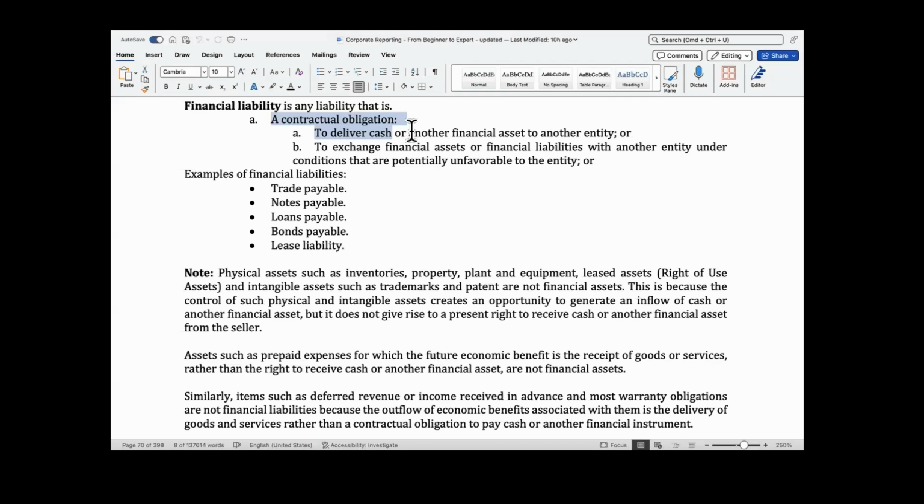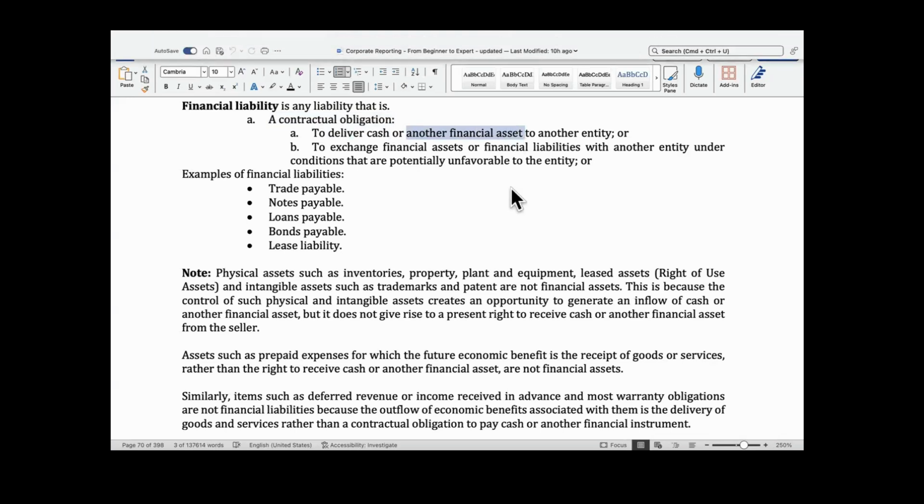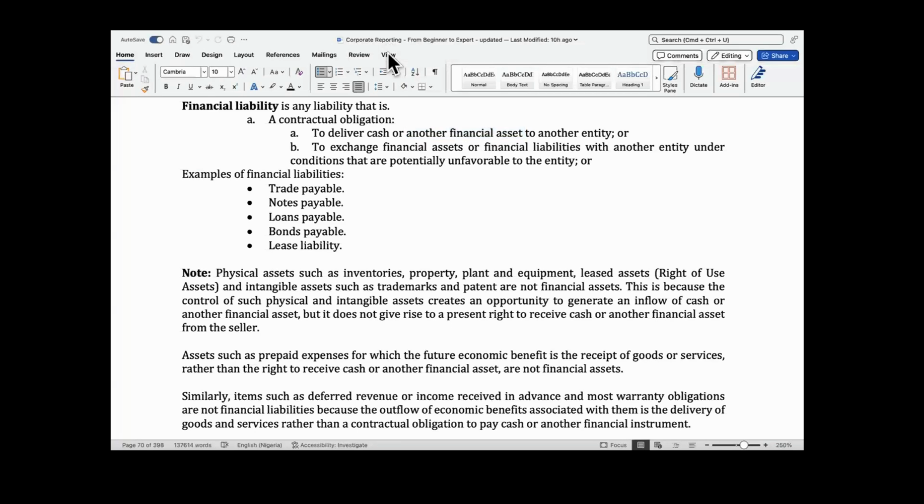Not necessarily only cash, it could be another financial asset. If the entity has an obligation to deliver another financial asset, that can also fall in as a financial liability.